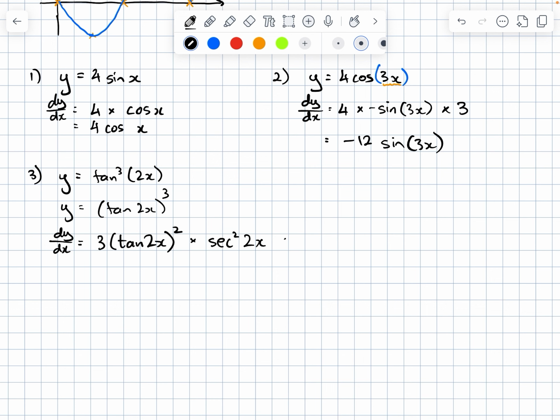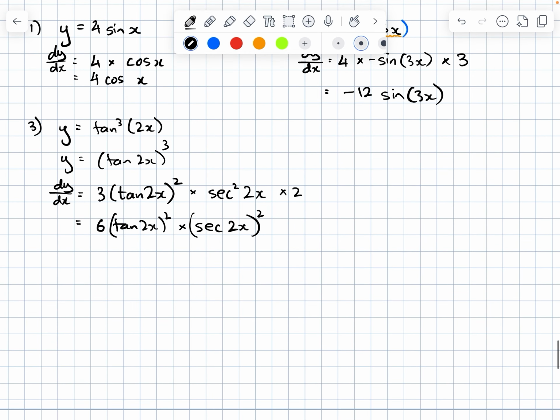But we would apply the chain rule, times by the derivative of the inside of tan, which is timesing by 2. We end up with 6 tan 2x squared times sec squared 2x, and if I'm going to rewrite these in the same way, I might as well just put it squared on the outside as well.